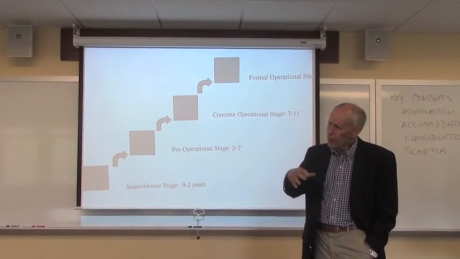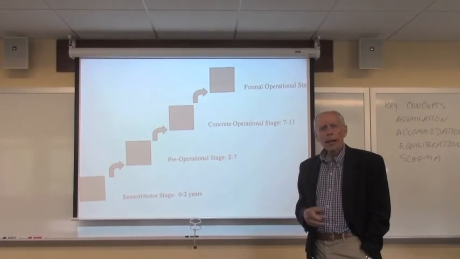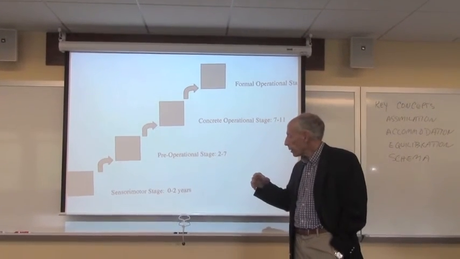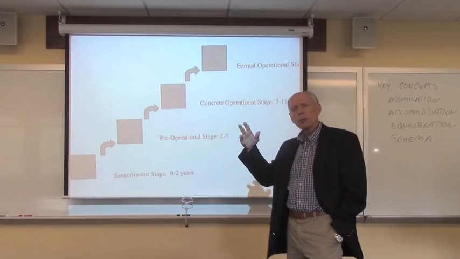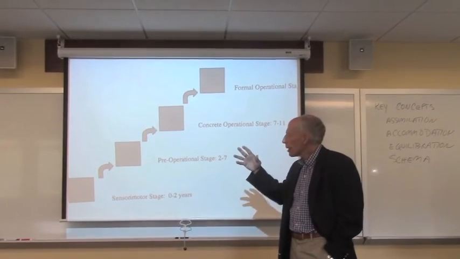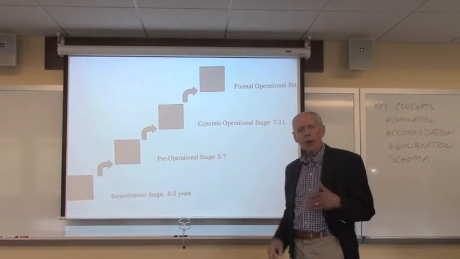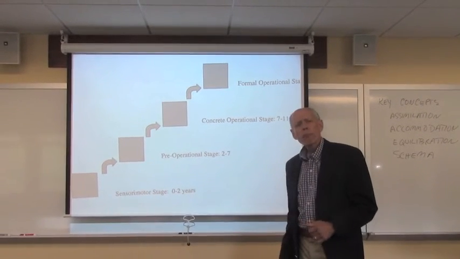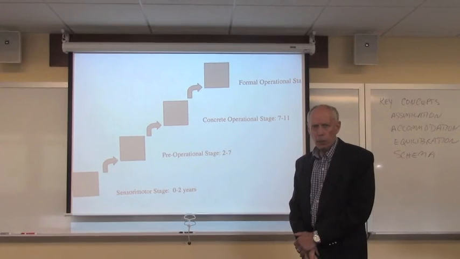Now, within each of these, he tracked substages where we gradually develop from the beginnings to the ends that lead us into the next stage. But he still thought of these as stages. And later researchers have pretty much rejected this notion.